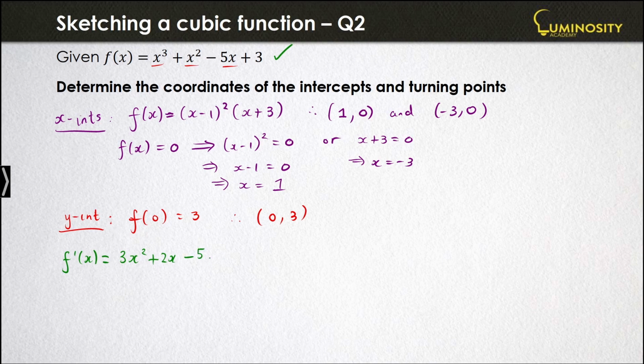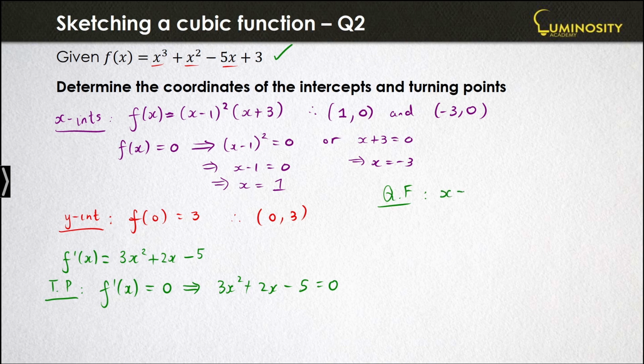Now for your turning points, that is when your first derivative is equal to 0, because these are the stationary points for the cubic. So you're solving 3x squared plus 2x minus 5 equals 0. So I'm going to use the quadratic formula here. Okay, you can try and factorize it if you want to. Most likely it could be, but I'll just go with the safe bet.